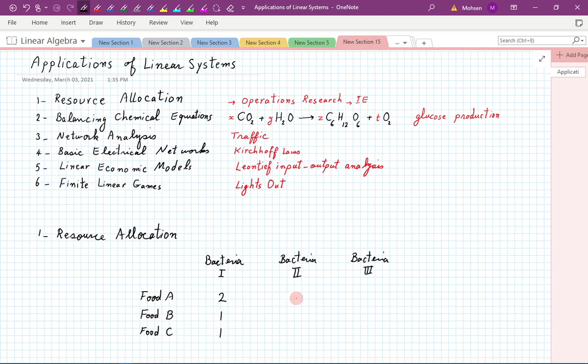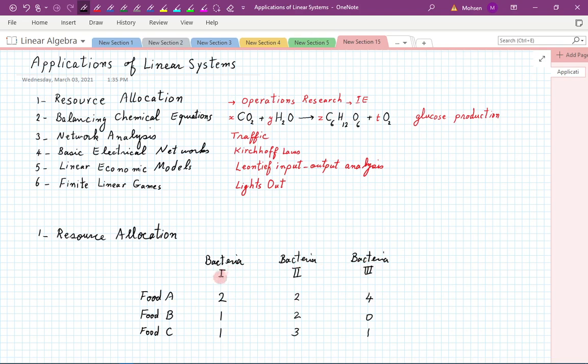Type 2 has more appetite, it needs 2 of this and 2 of this and 3 of this one. And type 3 has an even bigger appetite for food type A, does not like food B at all, and eats a little bit of food type C. Okay, so we have a description here.